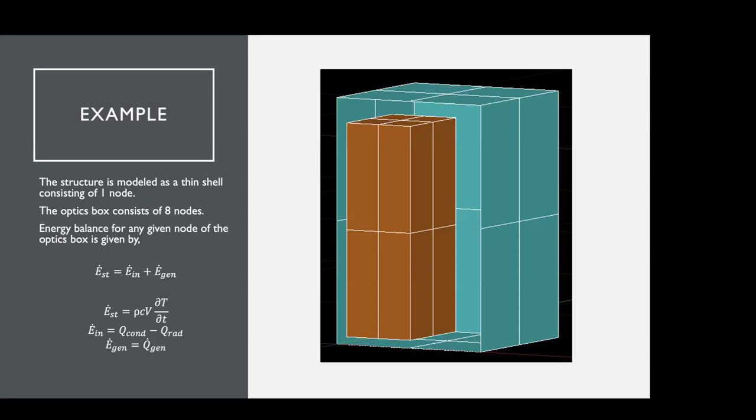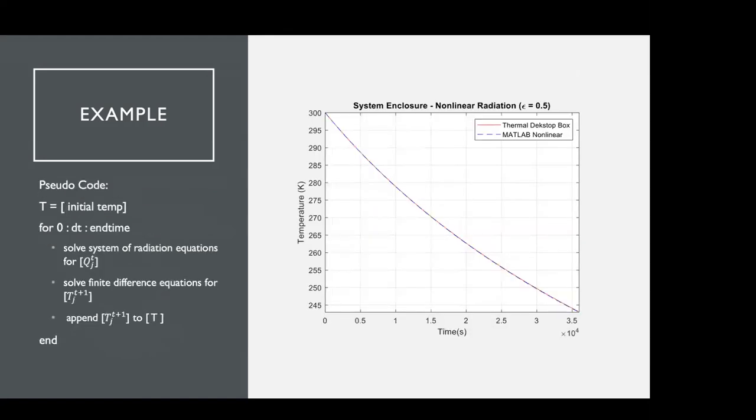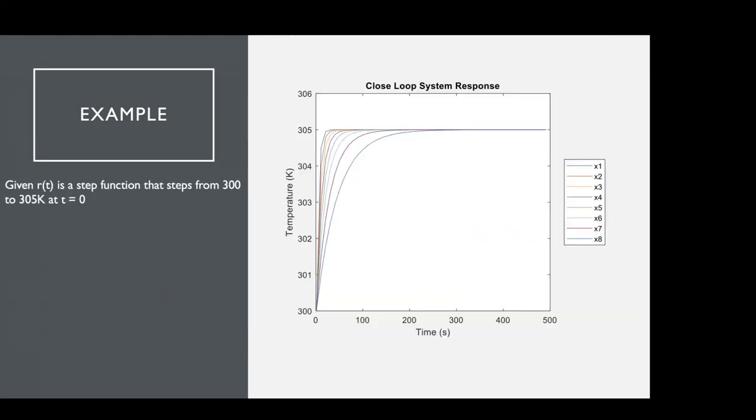For example, if you couldn't read the temperature, say you had 9 nodes, you would have a center node that you obviously can't attach a thermometer to and measure, but you could estimate the state from other information in your system and still use feedback on an estimated state. Did that answer your question? Yeah.